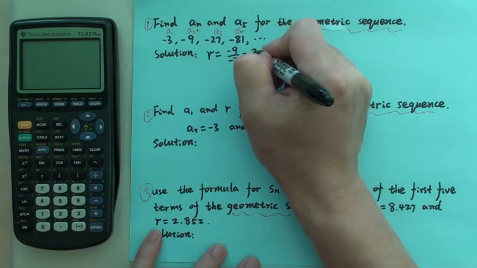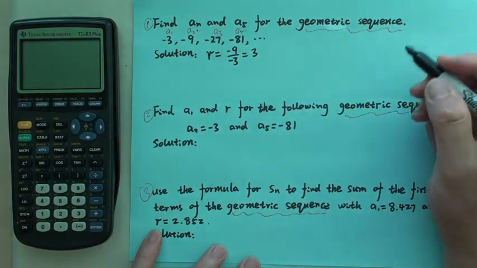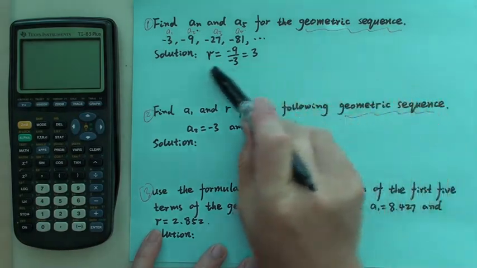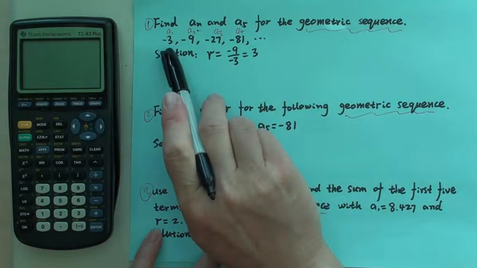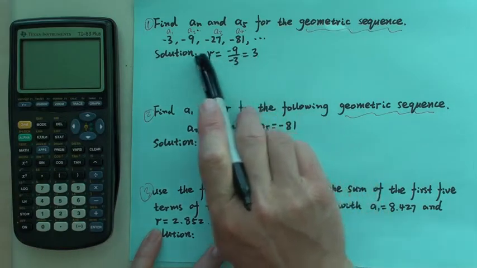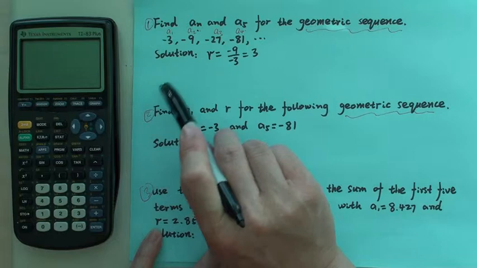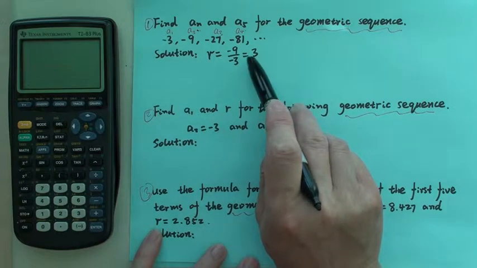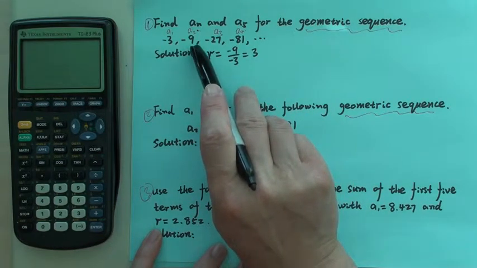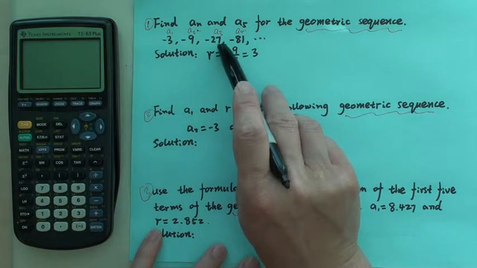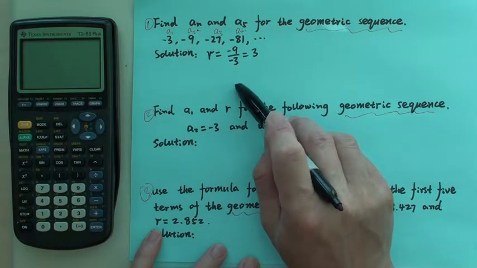And we know this is 3. So we know r is 3. Basically, you can see right here, negative 3 times 3, you have a negative 9. And if you use 3 times negative 9, you have a negative 27.